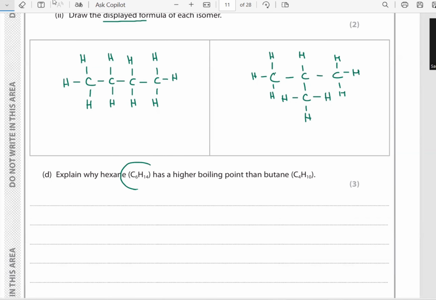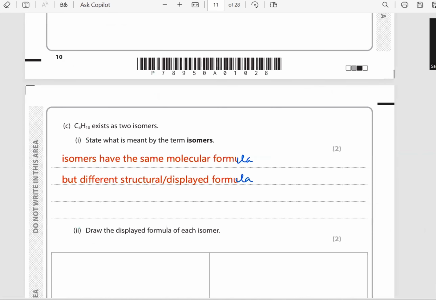Why does hexane have a higher boiling point than butane? As you know, hexane has a longer chain, and a longer chain means it has stronger intermolecular forces and a greater number of electrons. That's the reason.